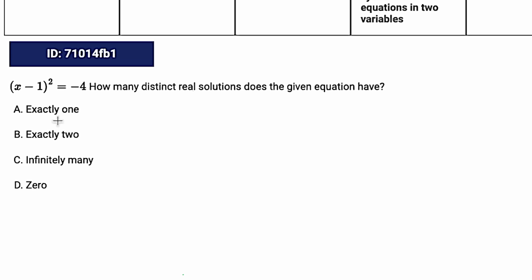Ooh, actually, we could use the trick that we just talked about, right? Because we technically don't have a y, so we could treat this like a single variable equation where we say y equals x minus 1 squared, and we could say y equals -4. And in that case, the number of solutions is going to be the number of times that these two equations touch. So let's do it that way, building off of what we were just doing.